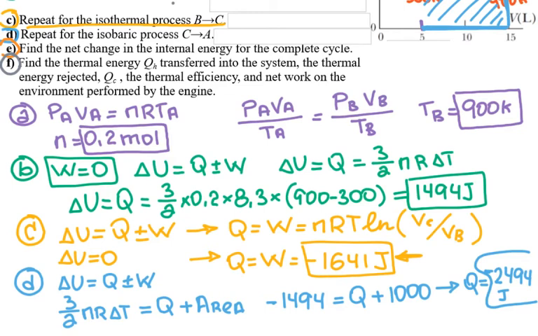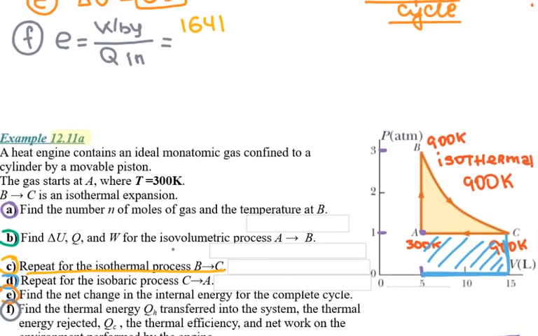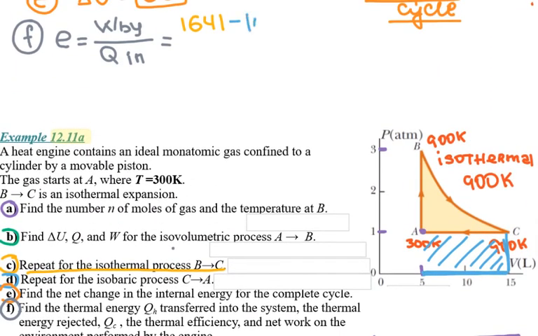So it's the area, and that was the work done on the gas, positive, but for the environment it was negative, so that's negative 1000. And so that's the net work done on the gas by the environment, or on the environment by the gas.